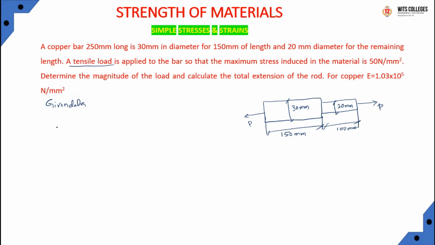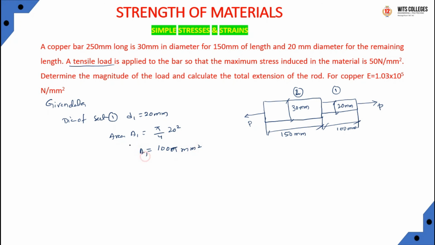so the given data is: the diameter of the smaller section is considered as section 1, and the other as section 2. So the diameter of section 1, that is d1 equals 20 mm. So here the area a1 equals pi by 4 into 20 square, which gives 100 pi mm square.